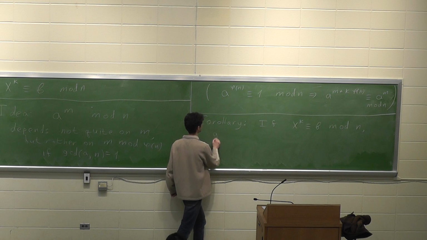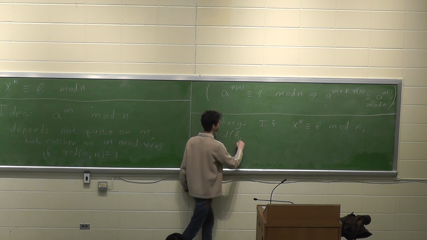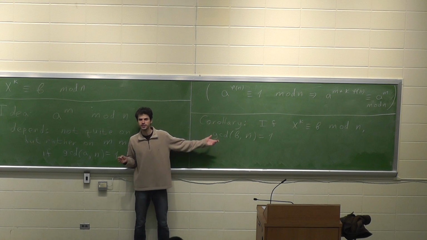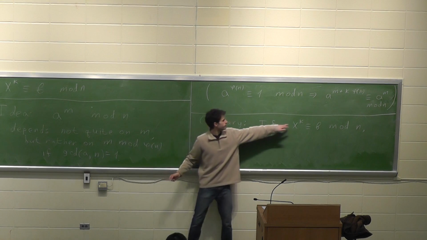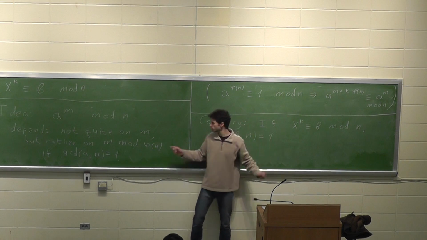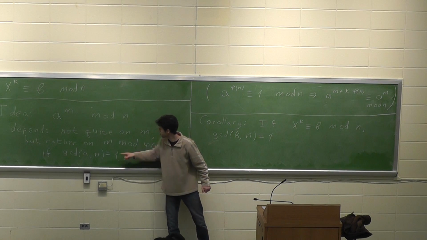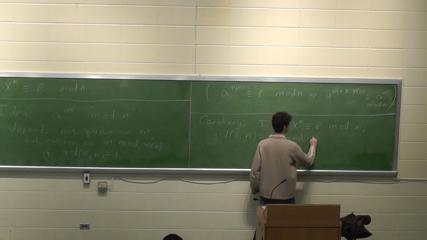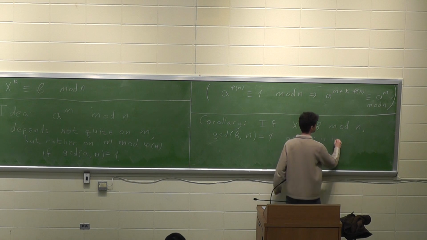One condition is that this number b is relatively prime to n, and you also can invert this power k modulo phi of n.